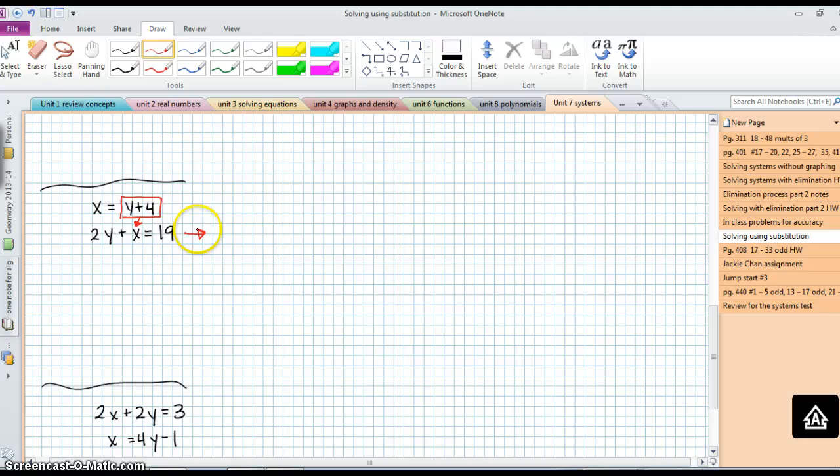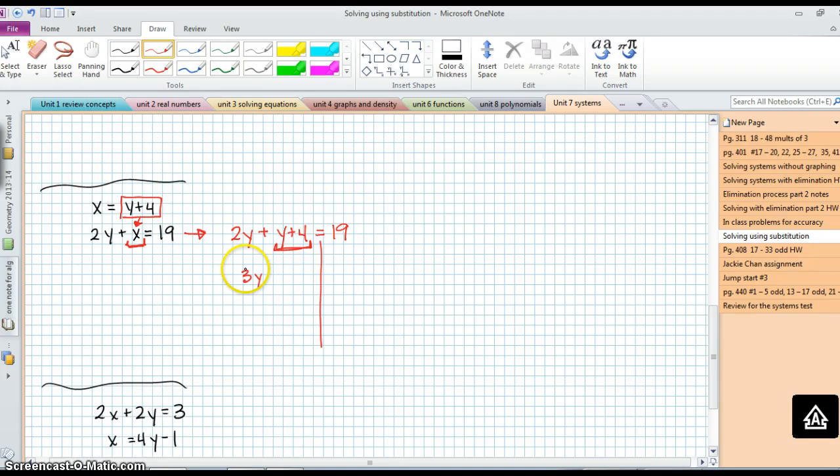That means my second equation will look like 2y plus y plus 4 equals 19. This right here used to be x, but we replaced it. We pitched the x out of there, and we replaced it with y plus 4. Now we can solve this.